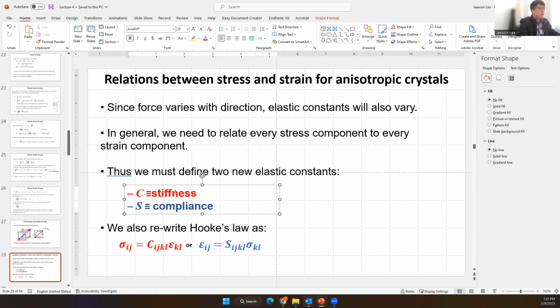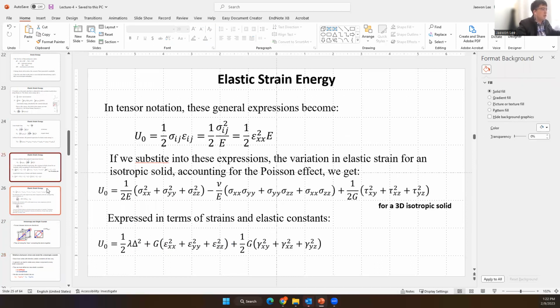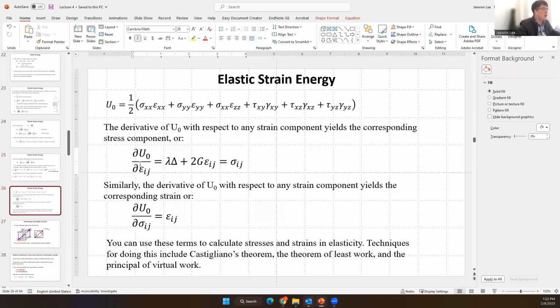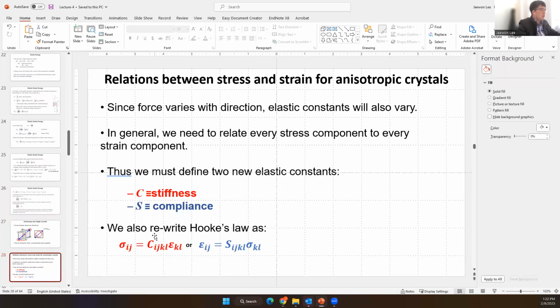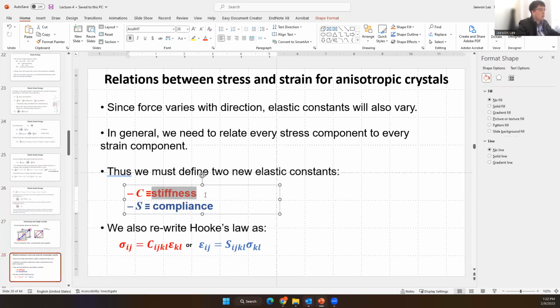To explain this, we use two terms that are very similar: stiffness and compliance. We simplify the relation of energy and stress like that. We can introduce the stiffness and compliance based on Hooke's law.